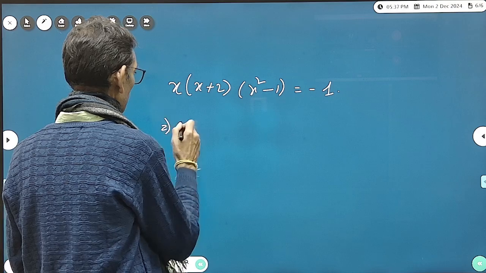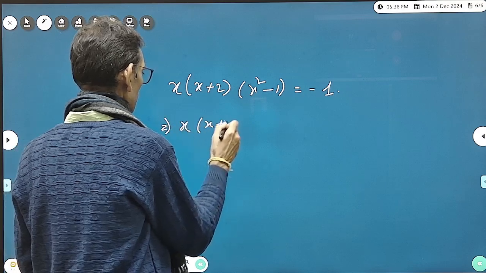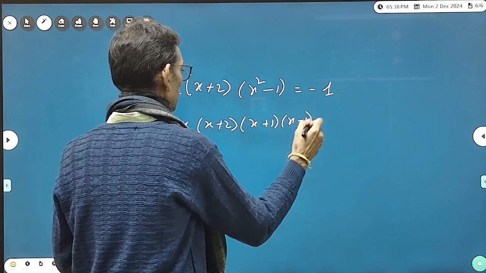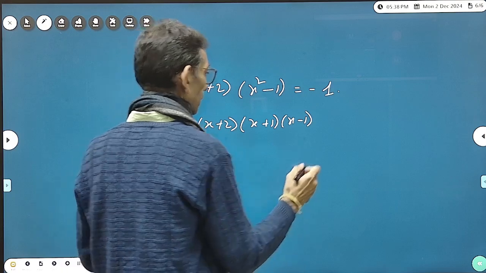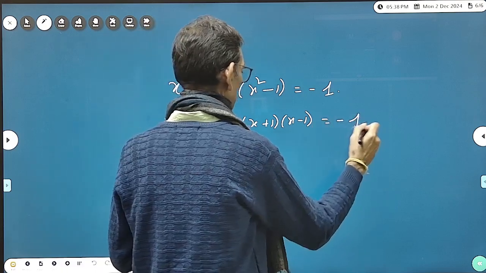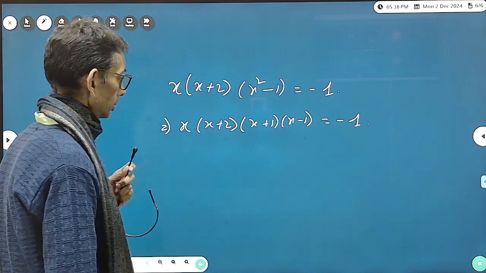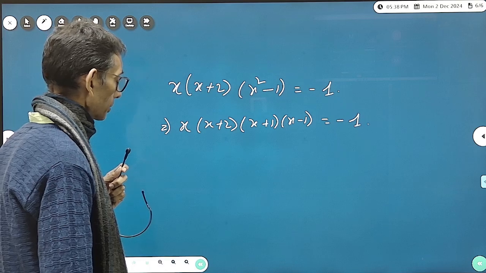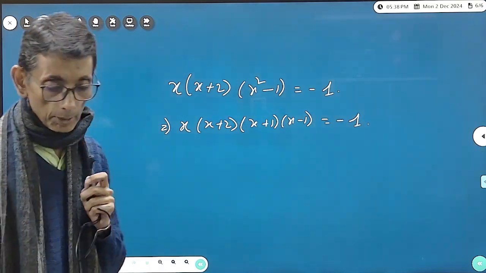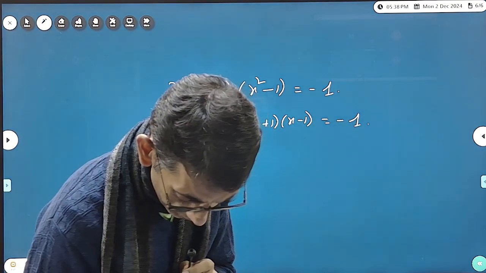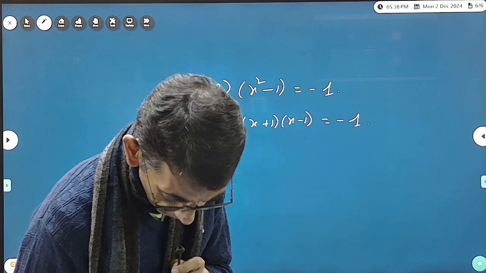Let me see that. x plus 2, x plus 1, x minus 1, is equal to minus 1. x minus 1, x plus 1, x plus 2. So it is a product of 4 consecutive numbers, right?